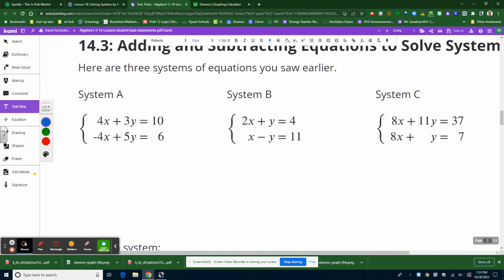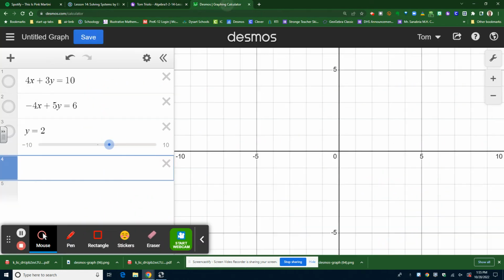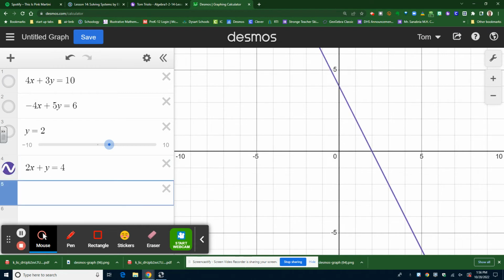So here you go. 4x plus 3y equals 10. I'm sorry. Up here. 2x plus y equals 4. x minus y equals 11. You already have these graphed. Okay? My brain is just fried right now. 2x plus y equals 4. What was the other one? x minus y equals 11. What happened when we added those together?